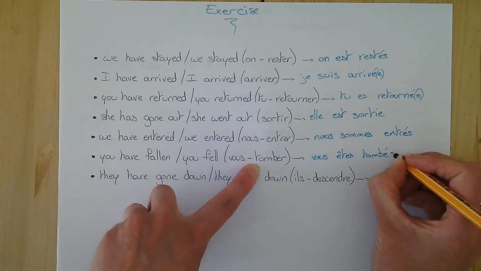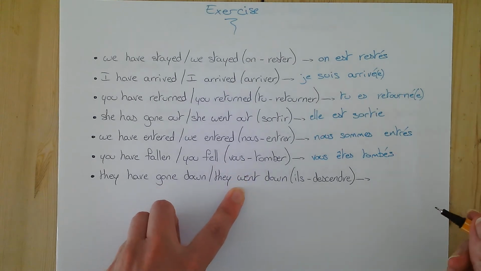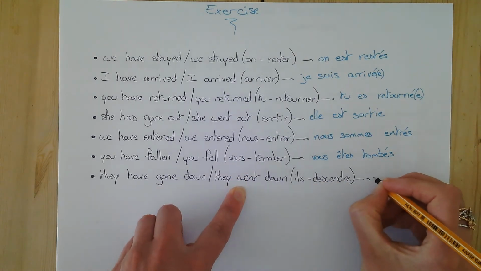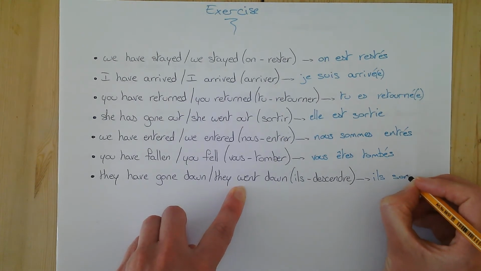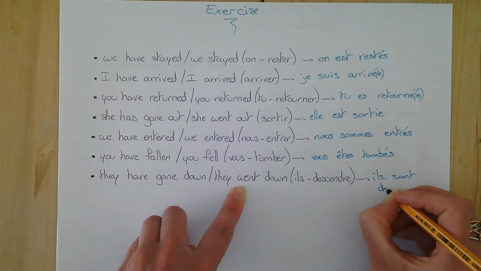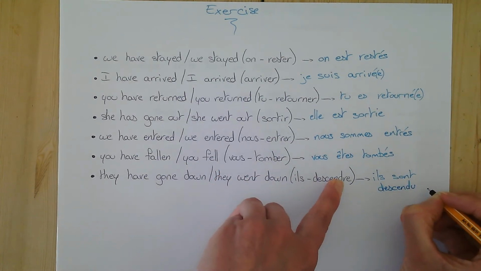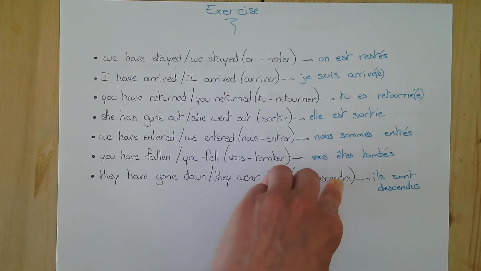Once again, follow the rule for the plural. I assume it's masculine, well, there's at least one boy, but you pick. And they have gone down or they went down. Literally, they are. And going down, take off the RE, put a U, and here it's masculine, so put an S.